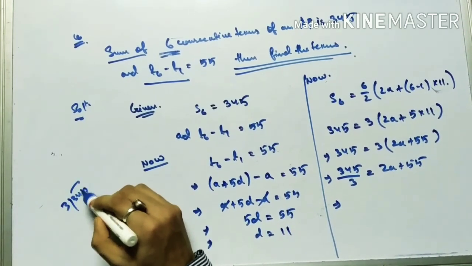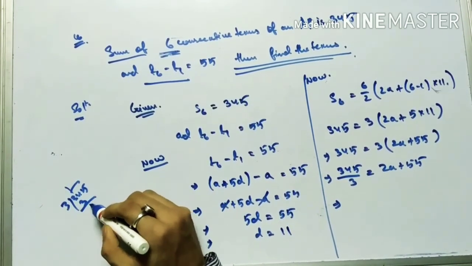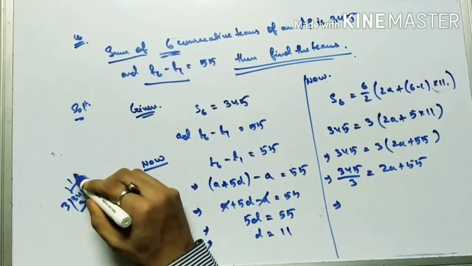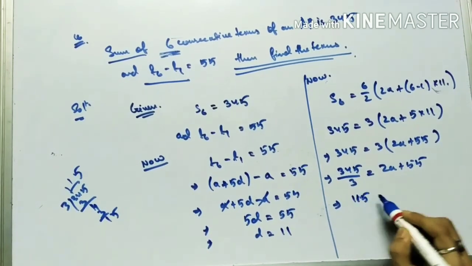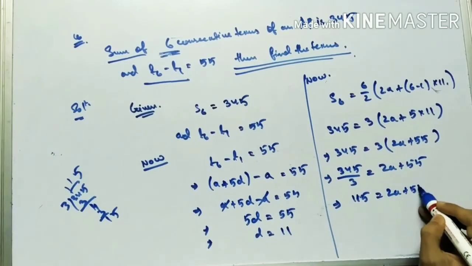345 divided by 3: 3 ones are 3, 4, 3 ones are 3, 1, 5, 3 fives are 15, so it is 115, equals twice A plus 55.